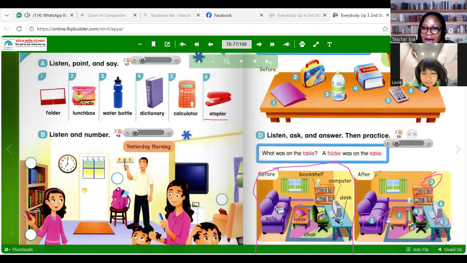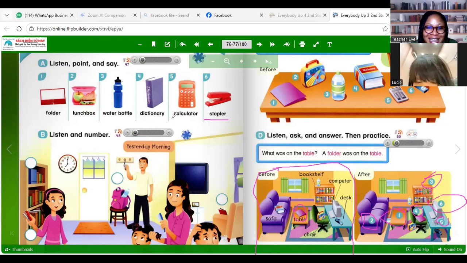Okay. All right. Then number 6. What was on the computer? A calculator. Again? Try. Okay. Look at the word here.